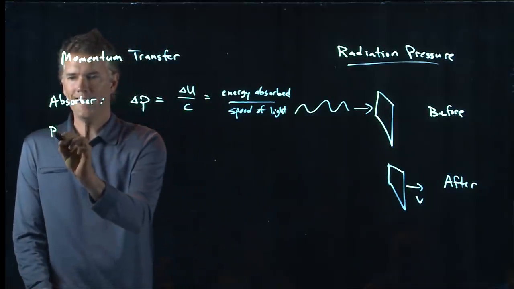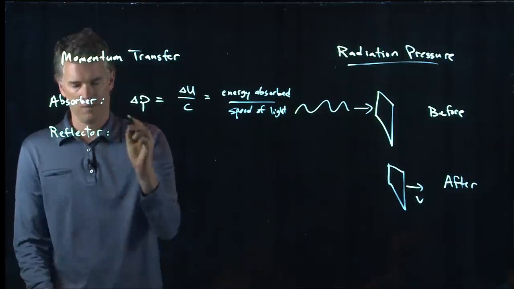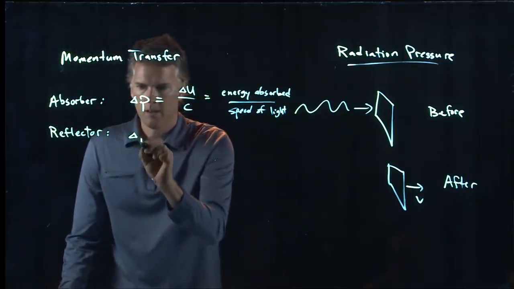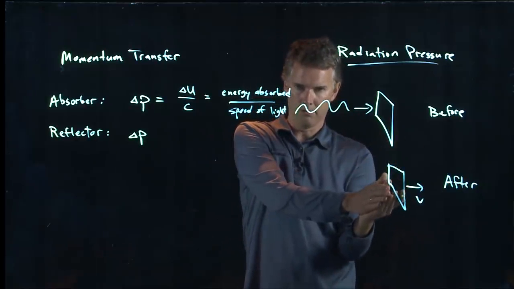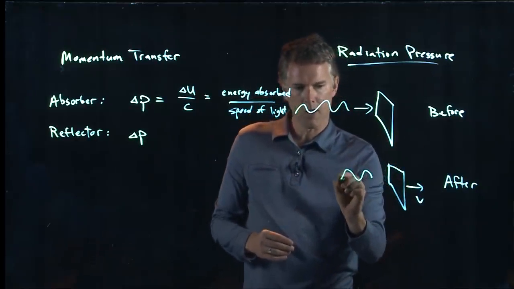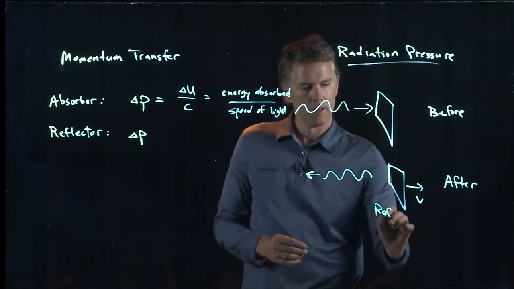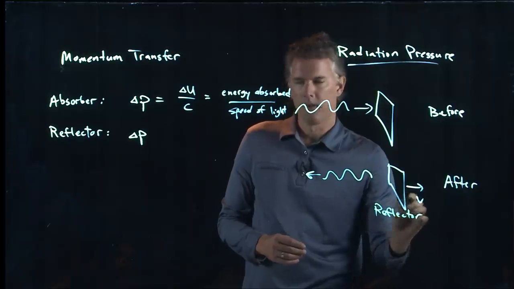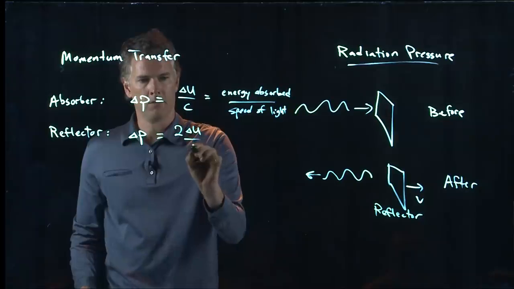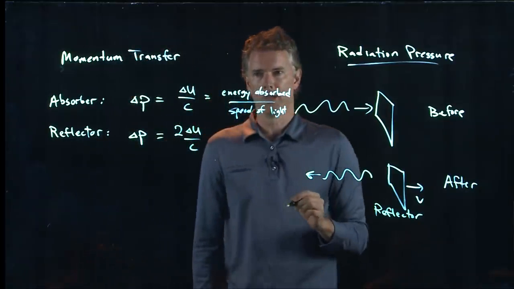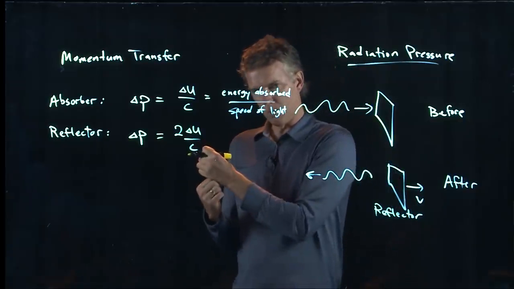Okay, this is the delta P that is picked up by that absorber. If it's reflected, then that wave doesn't just get absorbed in the material, it actually bounces off and goes back the way it came. And if it's a reflector, now the delta P is twice what it is in the absorbing case. This is kind of like when we talked about throwing the super ball at the wall.